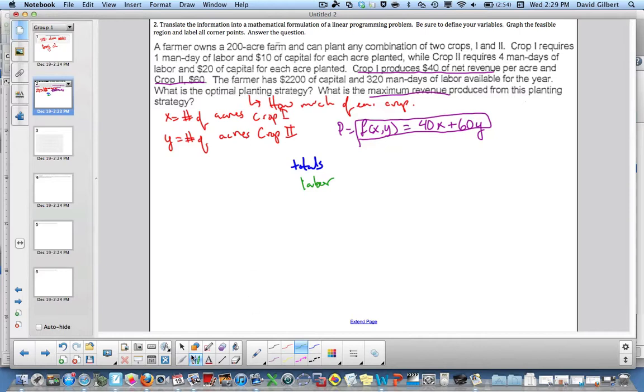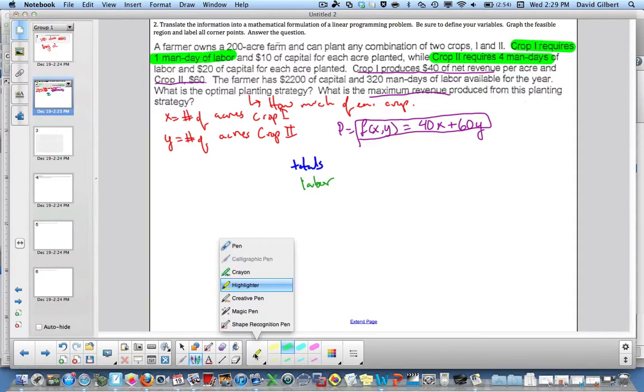So where do we see our labor? Crop 1 requires 1 man day of labor, and crop 2 requires 4 man days. Alright, so that gives us our first constraint.